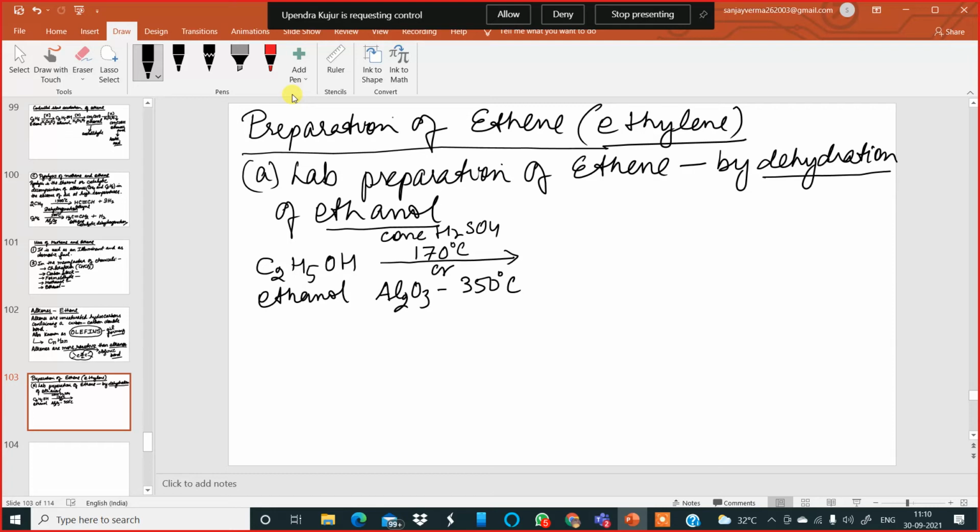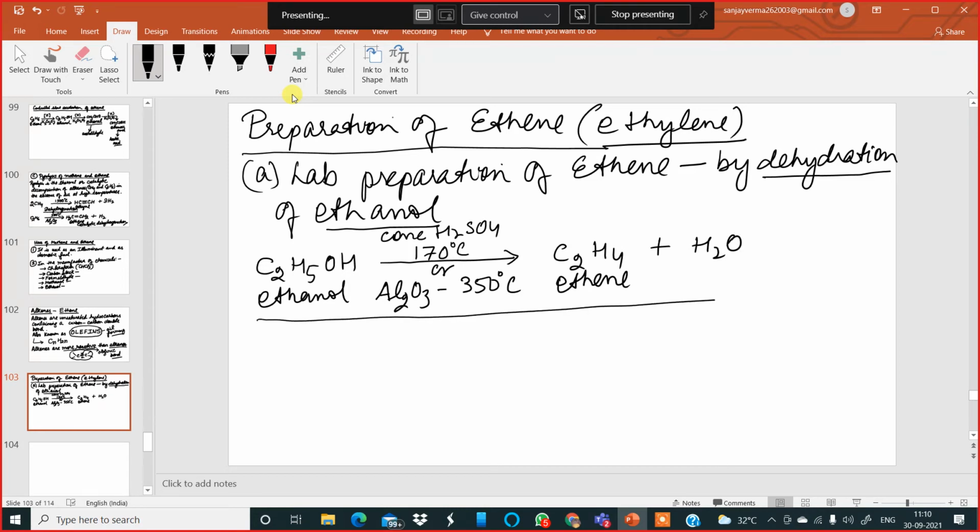The formula of ethene is C2H4, and then water gets removed. This is the chemical reaction equation for the lab preparation of ethene by the dehydration of ethanol.